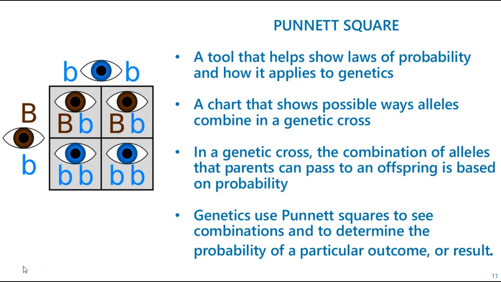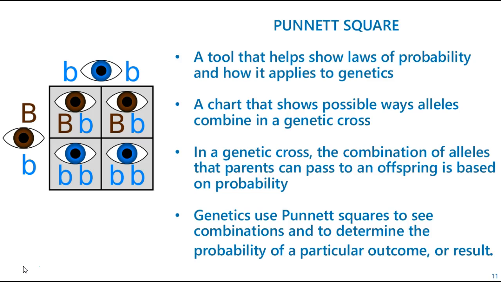Using this Punnett square, we can see the combinations of alleles in offspring and determine the probability of a particular outcome or result. You can use it to determine the probability that an offspring will have a particular genotype or phenotype.